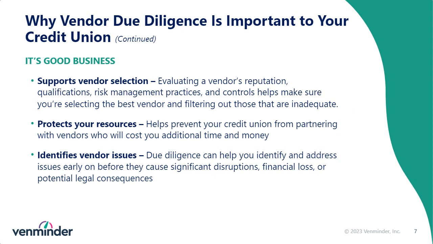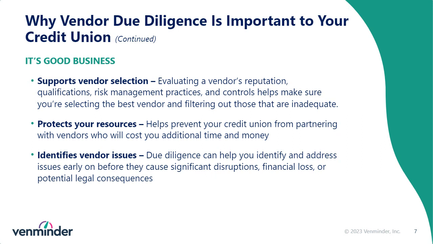Due diligence can also help protect your limited resources. If you think about vendors that you've had problems with in the past, you might have had to spend additional time or money to deal with them, especially if you decided to end the contract and find a replacement. Initial due diligence can help reduce the likelihood that you'll have to spend these additional resources later on in the vendor relationship.